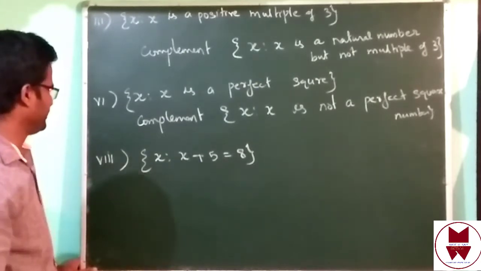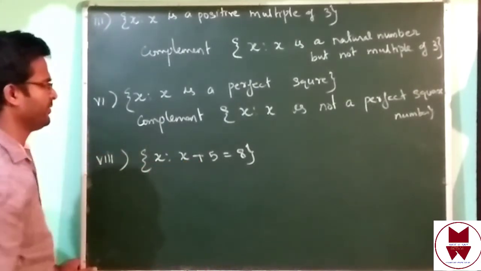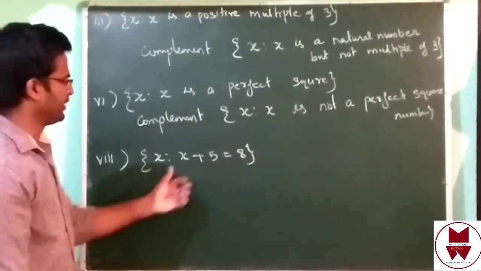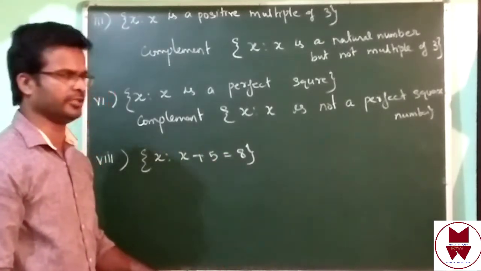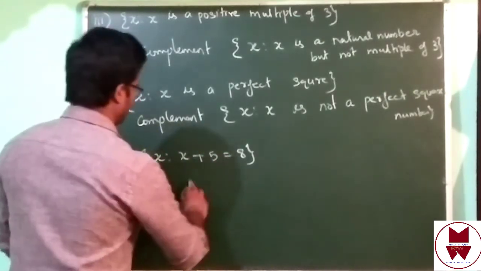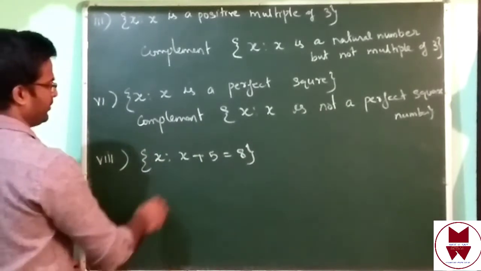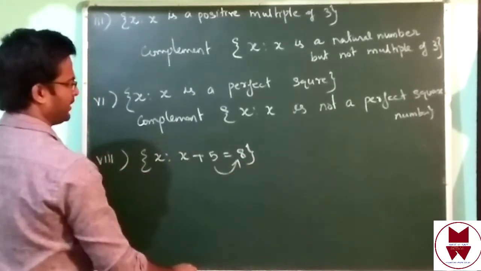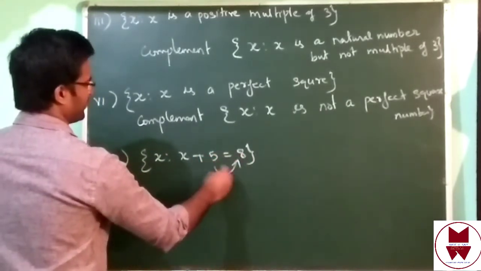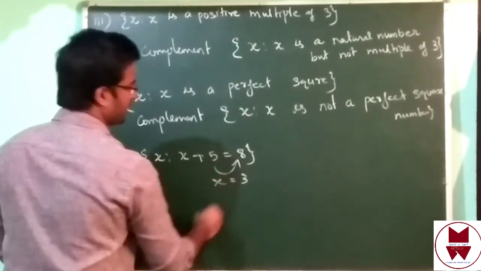Roman number 8: x such that x plus 5 equals 8. Here one equation is given, x plus 5 equals 8. From here we can find the x value. What is the x value? Bring this 5 to the right side, and you will get 8 minus 5. x equals 3, isn't it?